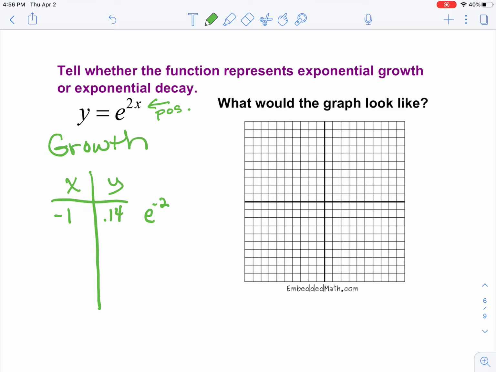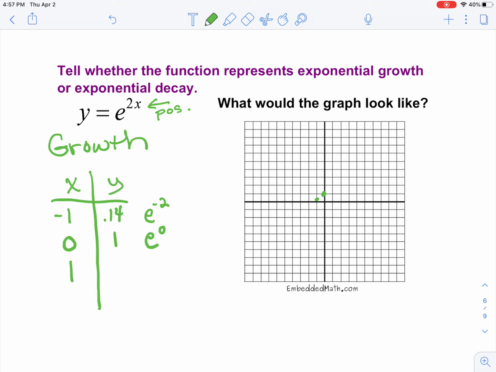So my first point is -1, 0.14, so it's really close here. Next, let's put in a 0. e to the 2 times 0 is e to the 0, and we don't have to put that one in the calculator because anything to the 0 power is 1. So 0, 1.